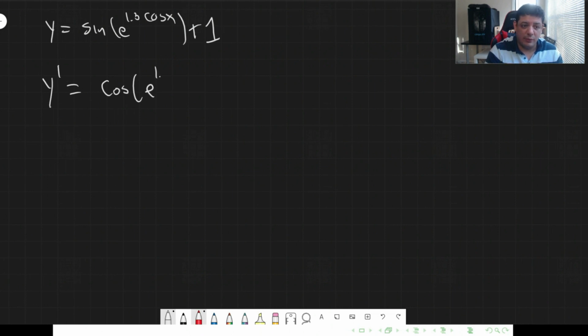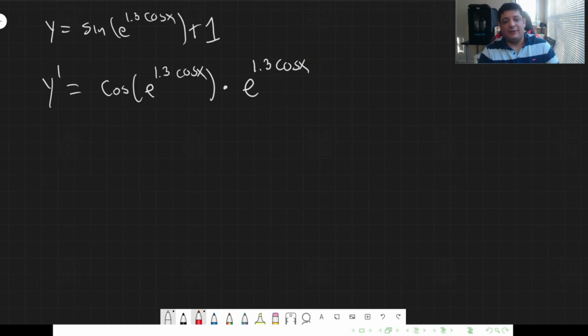So cosine of e to the 1.3 cosine of x, then multiply by the derivative of the function inside. The function inside is an exponential, so the derivative of the exponential is the same, e to the 1.3 cosine of x. But now this is composed with the function 1.3 cosine of x, so I need to multiply again by the derivative of the function inside. And that is going to be minus 1.3 sine of x.